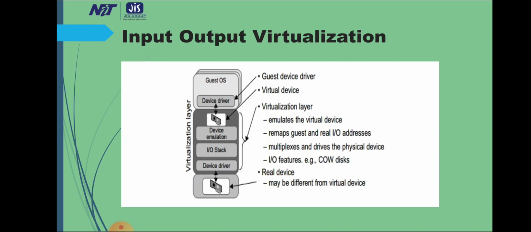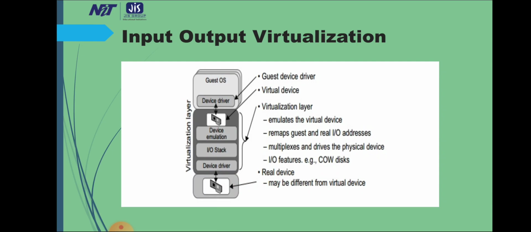The para-virtualization method of I/O virtualization is typically used in Xen. It is also known as the split driver model, consisting of a front-end driver and a back-end driver. The front-end driver is running in domain U and the back-end driver is running in domain 0.